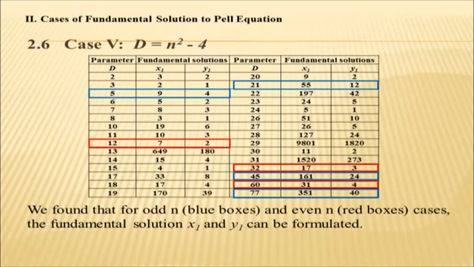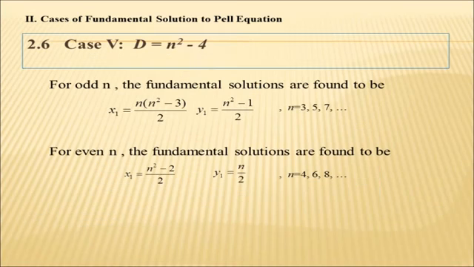And when n equals 4, 6, and 8, the fundamental solutions of y will be 2, 3, and 4. And as shown, the detailed algebraic structure of the fundamental solutions will be shown for odd n and even n.